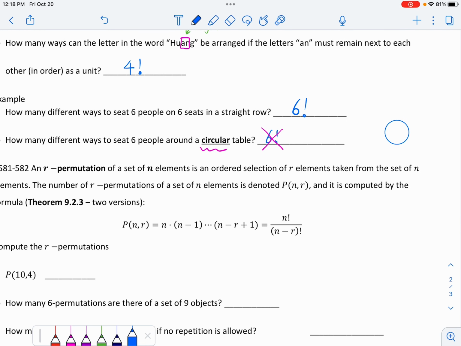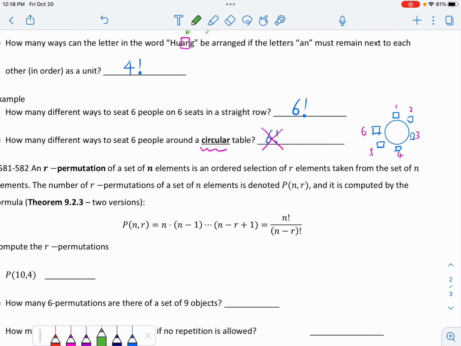For instance, suppose these are seats 1, 2, 3, 4, 5, 6, right?